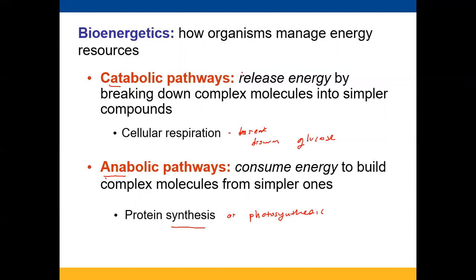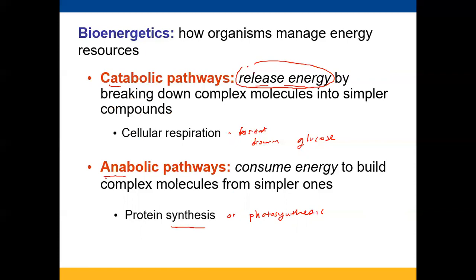And typically in biological systems, we're going to be releasing energy when we're breaking something down. That's because energy is released when you break apart a lot of these bonds. A couple of things it has to do with are the reactivity of your products. Don't get too caught up in this.